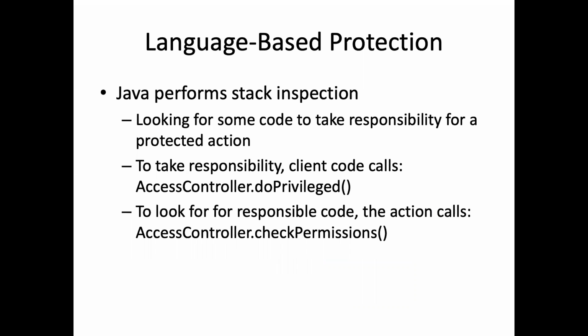So this is not automatic, but it provides a way of marking subroutines and inspecting who called those subroutines to try to decide whether or not some potentially dangerous operation should be permitted or not. This is built into the Java language, but like I said, if you're writing code that's going to use this, or you're writing code that's going to check this, you have to write that code yourself.